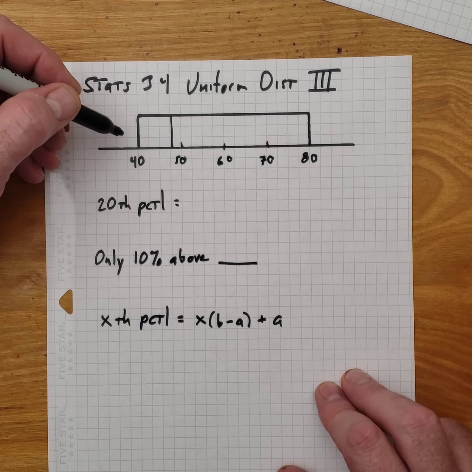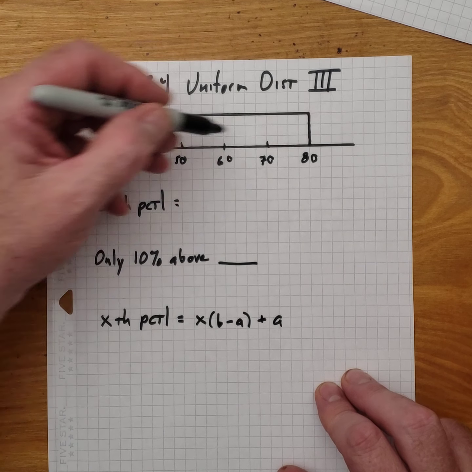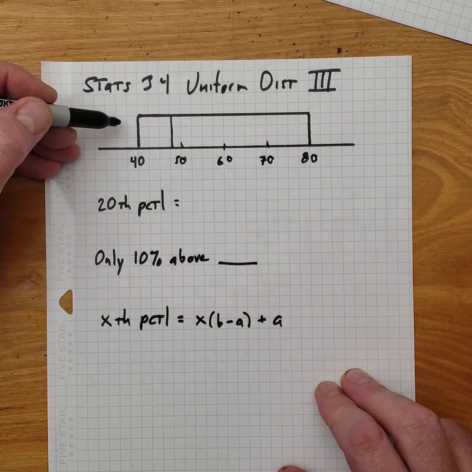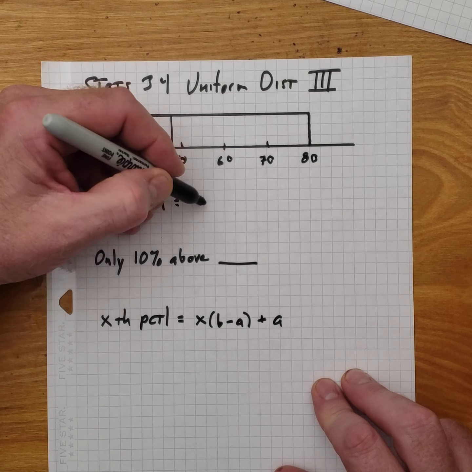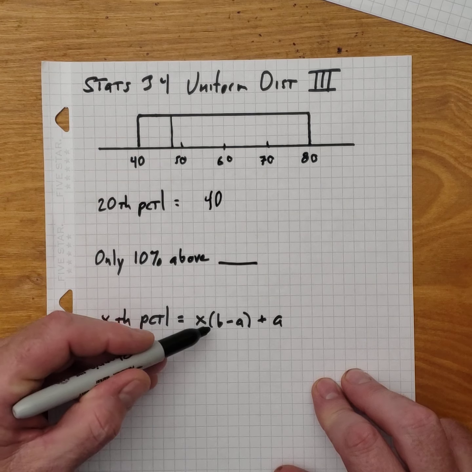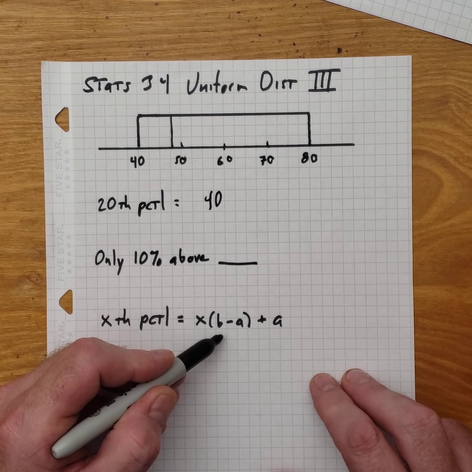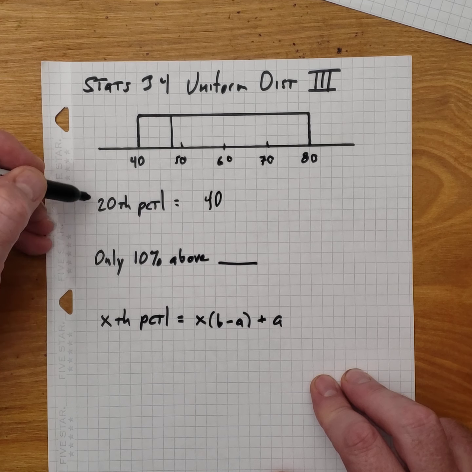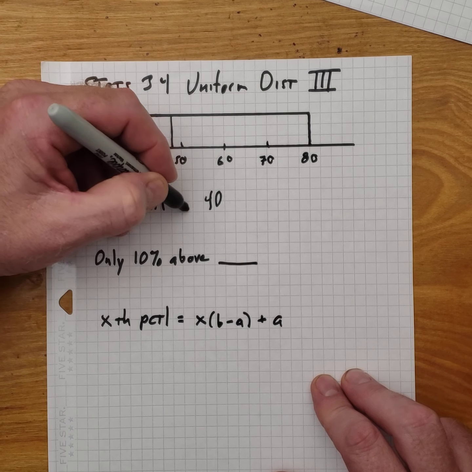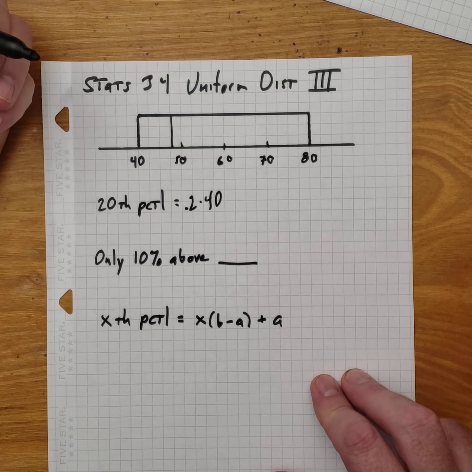Now, the way we're going to find it is we're going to say the length of this rectangle, from 40 to 80, is 40. And if you look down here at the formula, that's b minus a, the length of the rectangle. We're going to multiply that by 20%, which is 0.2.